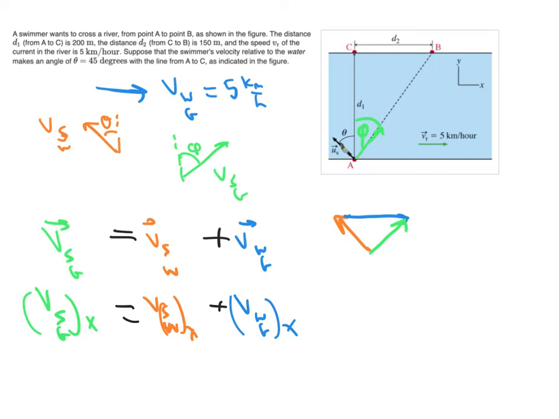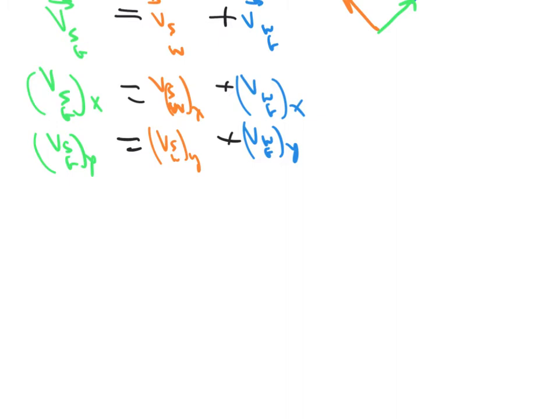And then entirely like that, v of the swimmer with respect to the ground in the y direction is v of the swimmer with respect to the water in the y direction plus v of the water with respect to the ground in the y direction. And we can find all of those things. So let's start finding them.